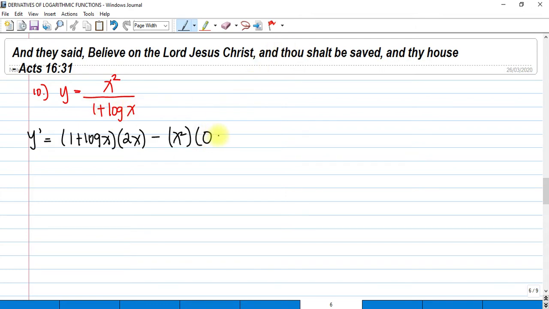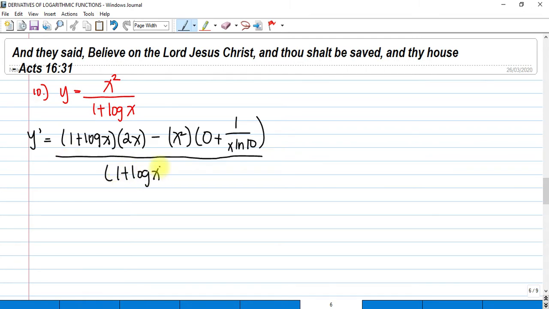So derivative of 1 is 0 plus the derivative of log of x, that is 1 over x ln of 10. Our a here in this case is 10, over 1 plus log of x squared. We square the denominator. So that's the formula for the quotient rule.